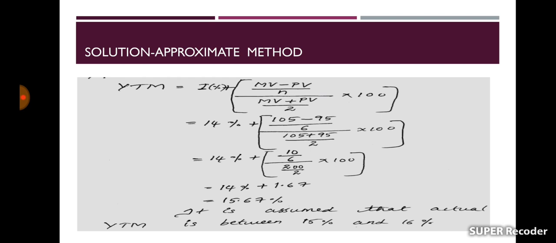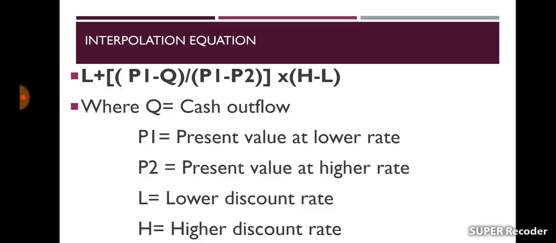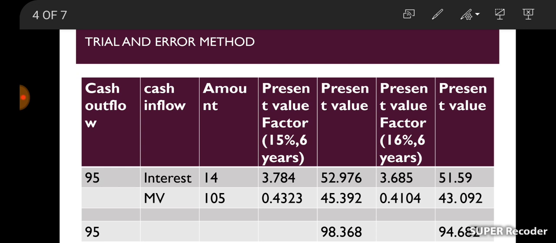Now we are going to calculate YTM using the trial and error method. For that, we are assuming that the actual YTM is between 15% and 16%. By using the trial and error method for calculating YTM, we need a table with 7 columns. Here in the first column, the cash outflow is mentioned, that is ₹95, and one of the cash inflows from this bond is interest.